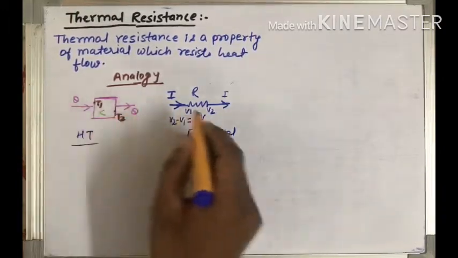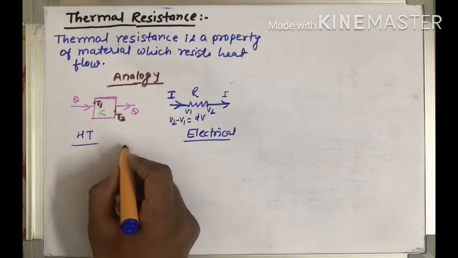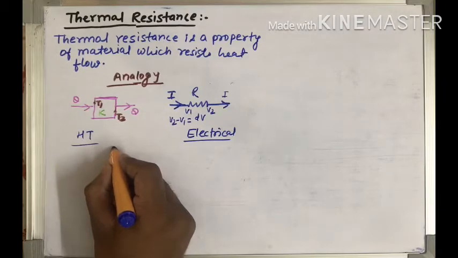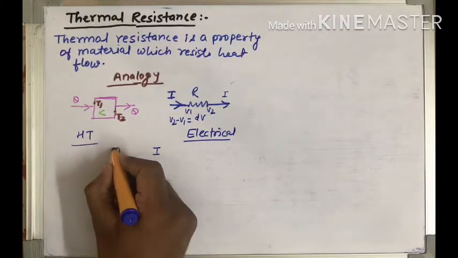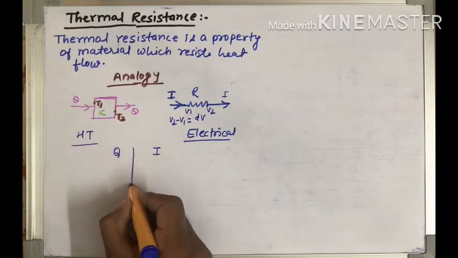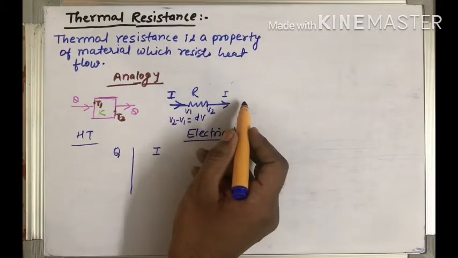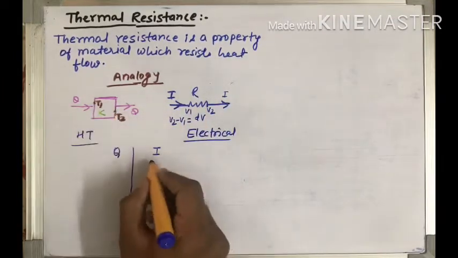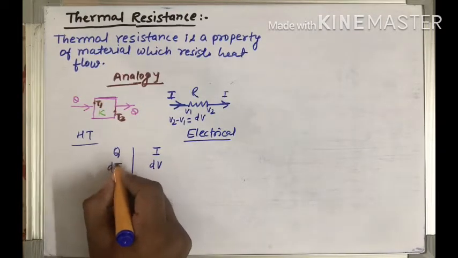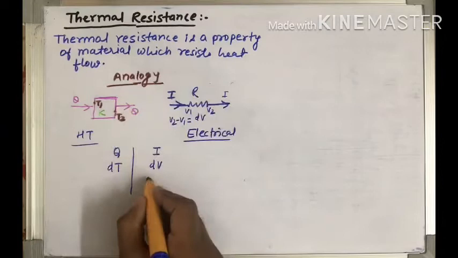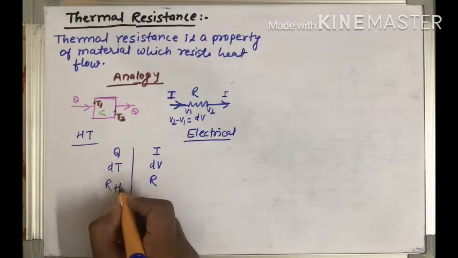From these two similar concepts, we have the analogy that I, the current of the electrical circuit, is analogous to the heat flow Q of heat transfer. The voltage difference is analogous to the temperature difference. And the electrical resistance is similar to the thermal resistance.